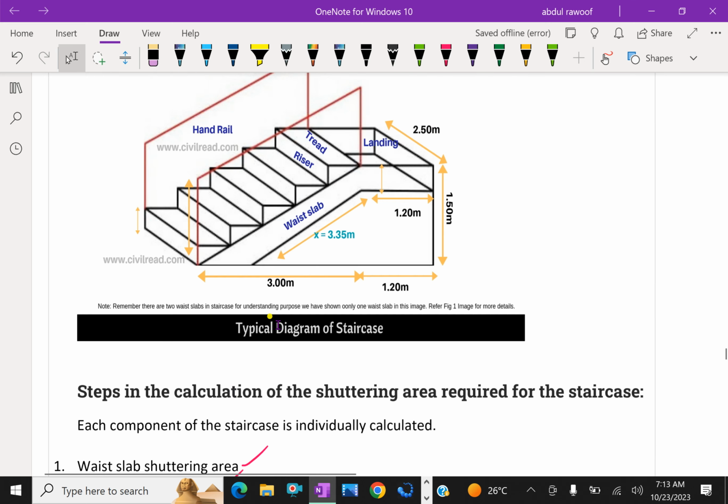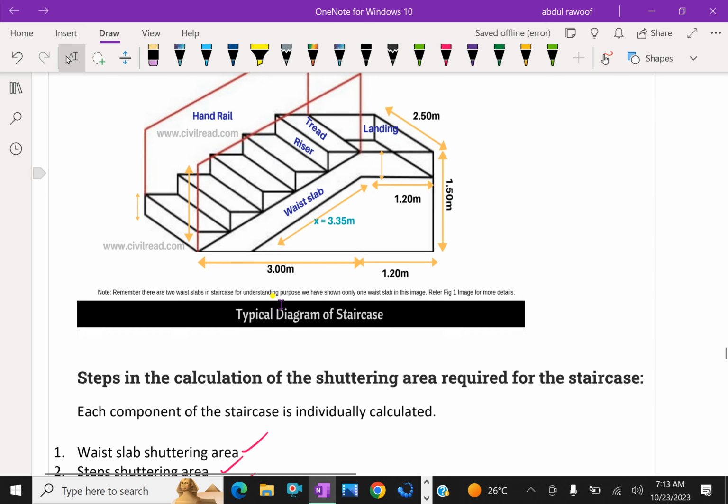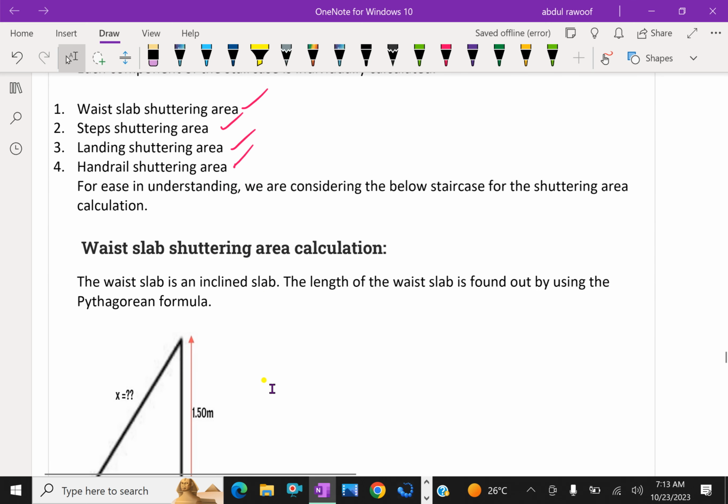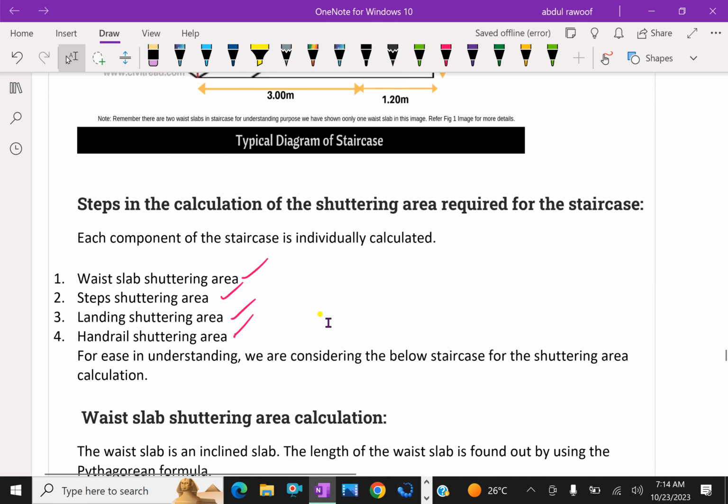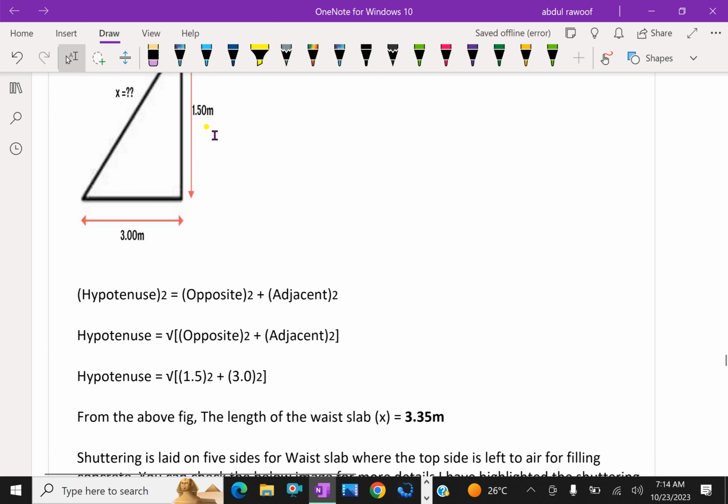For the raised slab, we have to calculate this length. For that, we use this 90-degree triangle and the Pythagoras theorem. Here, 1.5 meter is height and 3 meter is width. You know that hypotenuse square equals opposite square plus adjacent square.